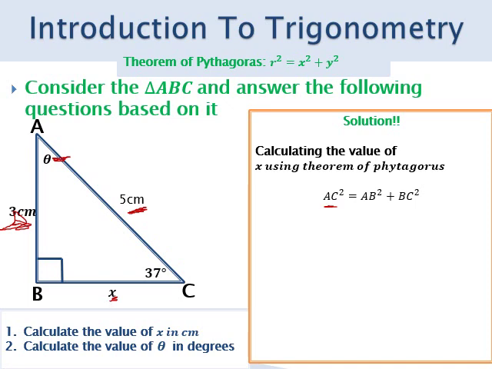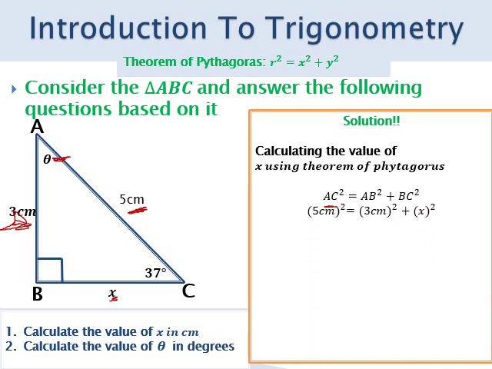But I want you to realize something there, that AC squared in most cases is our hypotenuse, right? It's our hypotenuse, which we're going to talk a little bit about, which is the longest side in the triangle.